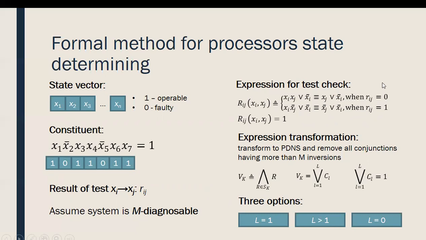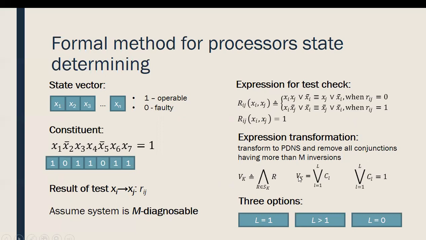It will be the result according to the PMC model. For all the expressions from some test set, an expression that is the conjunction of expressions corresponding to separate test checks is built. So we get all these expressions and build a conjunction of them.